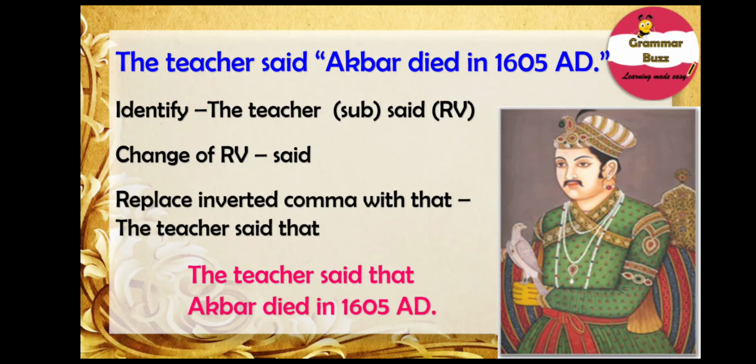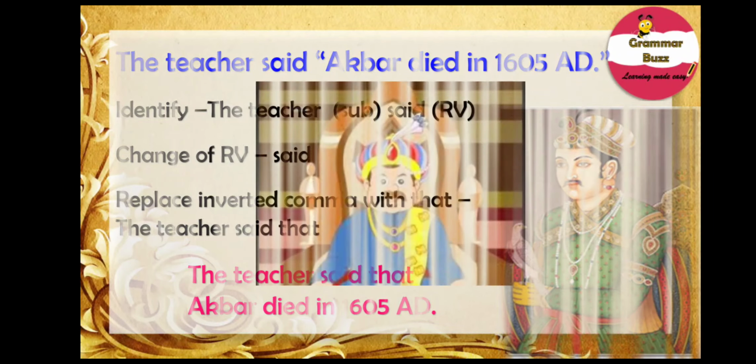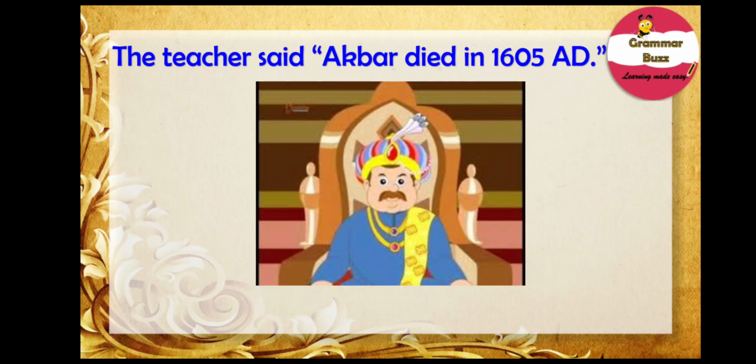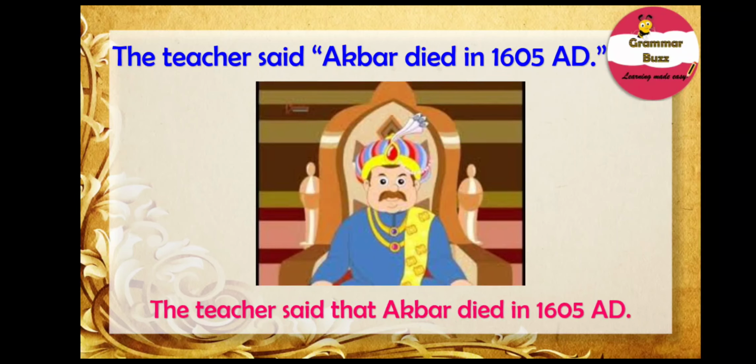It tells us about a universal fact or truth, so there will not be any change of tense. So, remember, if the sentence is about universal truth or fact, the tense of the sentence never changes. And so we had, the teacher said that Akbar died in 1605 AD.